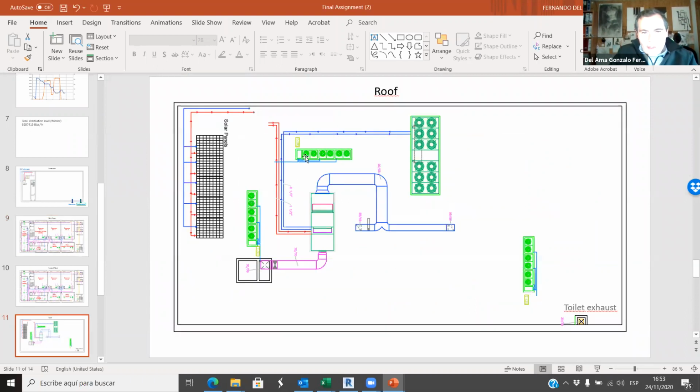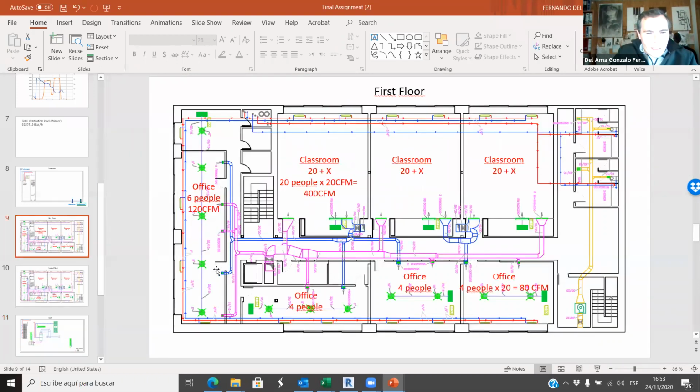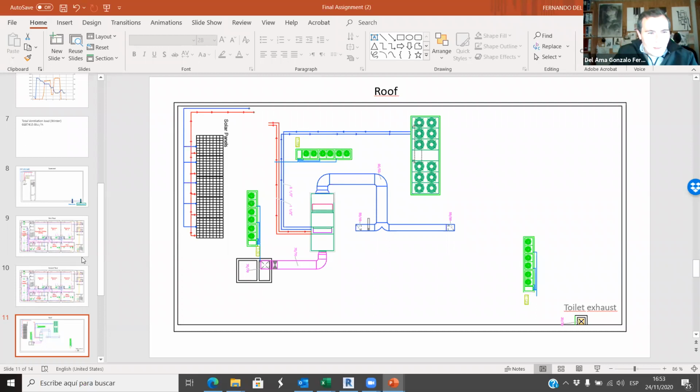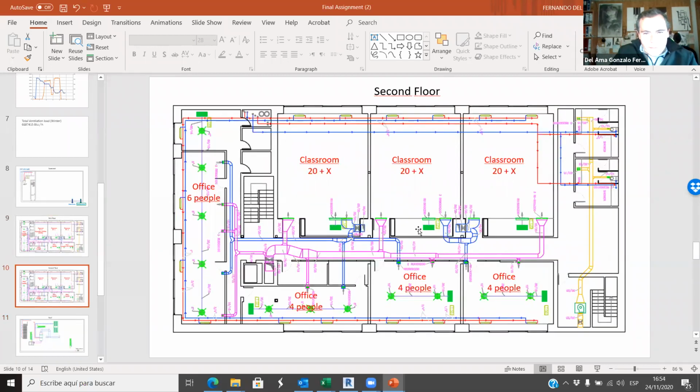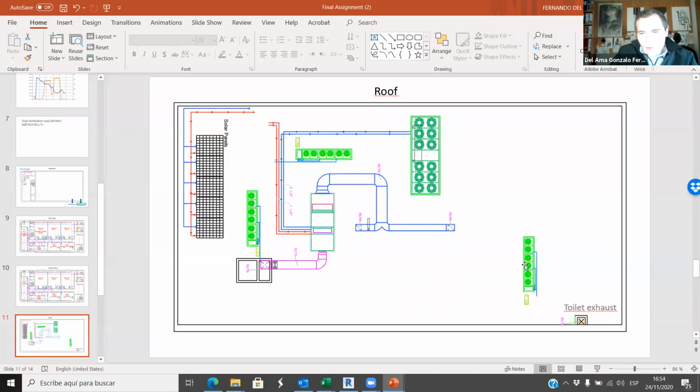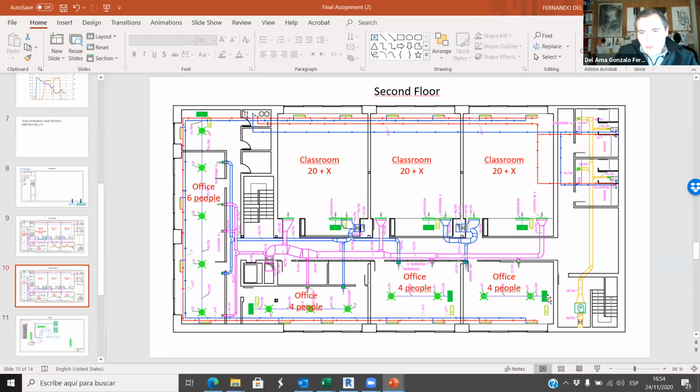And then we have another heat pump here and another heat pump there. So this heat pump probably is connected to this split system that we have here for this office, and this heat pump probably is connected to the classroom split units. Okay, so this is the outdoor unit, and this is the indoor unit.